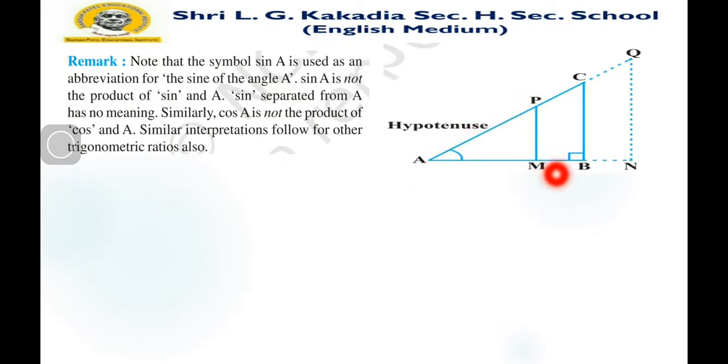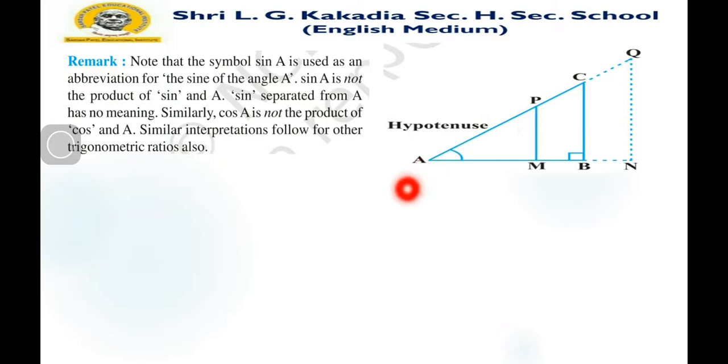Once again, we take side BC and extend these sides. AB will be the adjacent side and BC will be the opposite side to angle A. So we can say that sine A is BC upon AC.